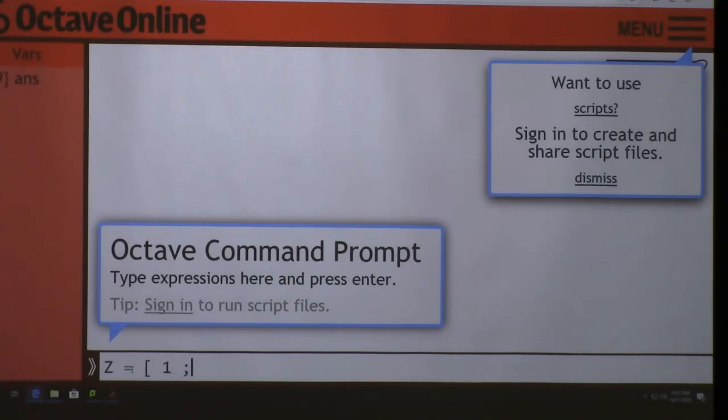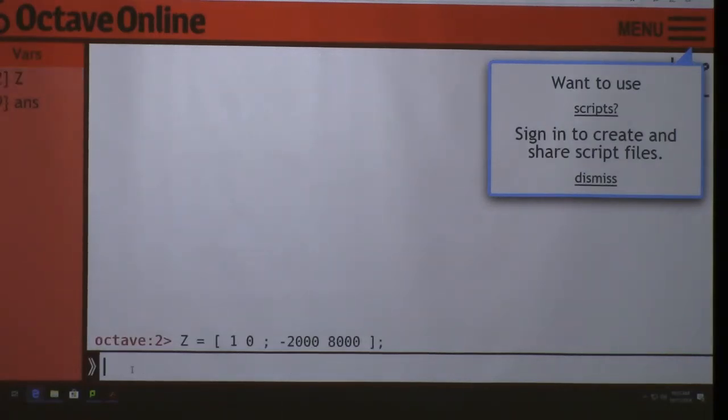It'll be 1, 0, negative 2,000, and positive 8,000. Okay, then we'll also have the voltage matrix, I don't know why it keeps doing this. Okay. Thank you. Which is 0.004 and then 3.